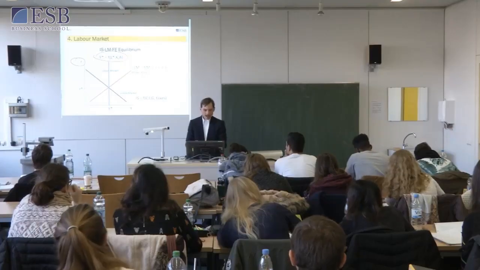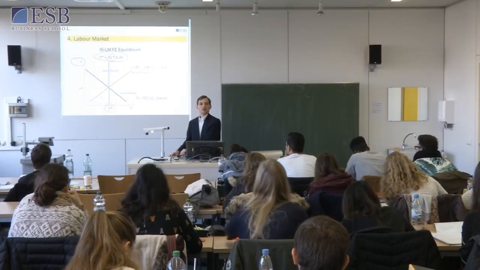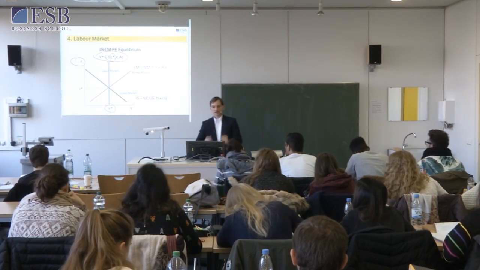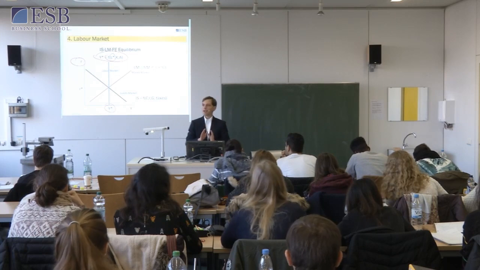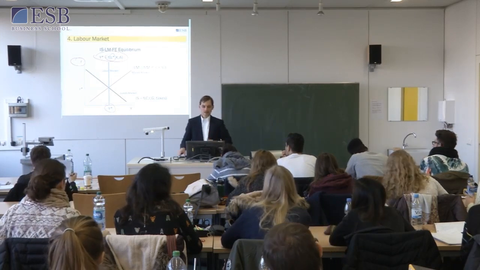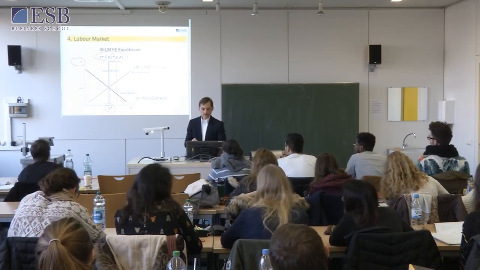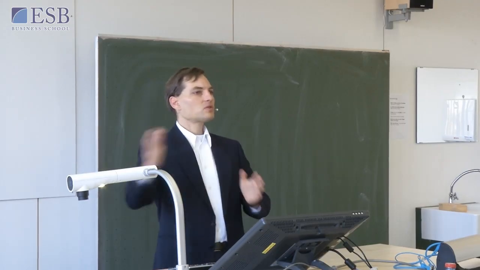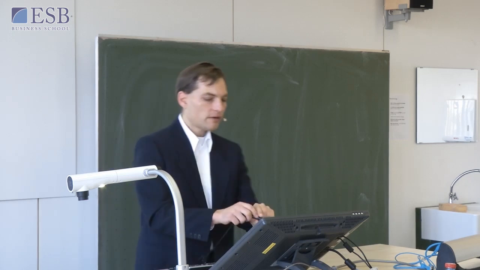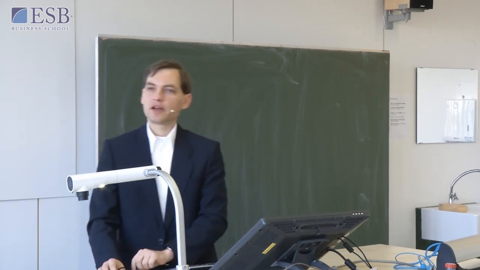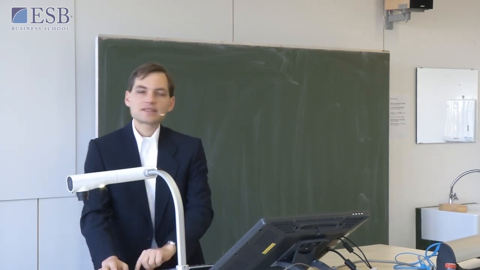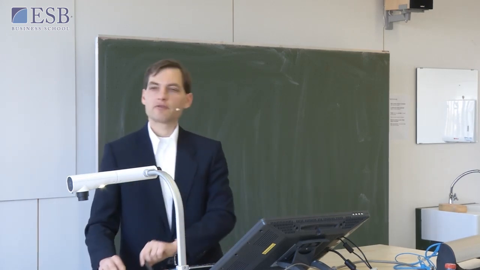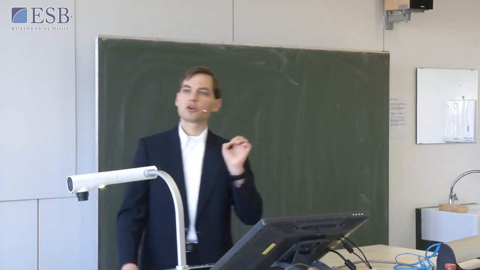This output level is determined by my labor force. And if the labor force or the capital stock or my technology increases, that will obviously shift the equilibrium curve of the labor market to the right. So the blue curve is the equilibrium curve of the labor market, and it's called the FE curve, the full employment curve.